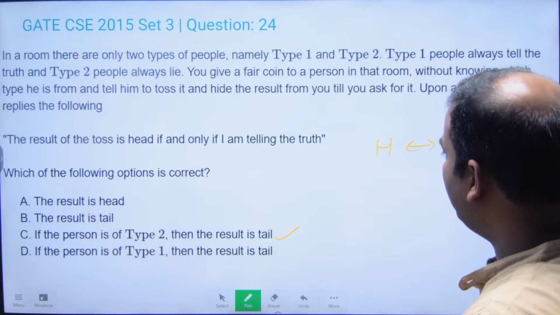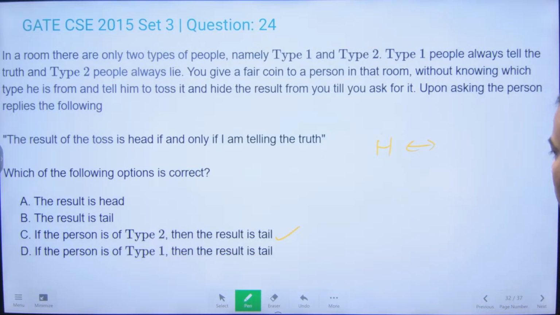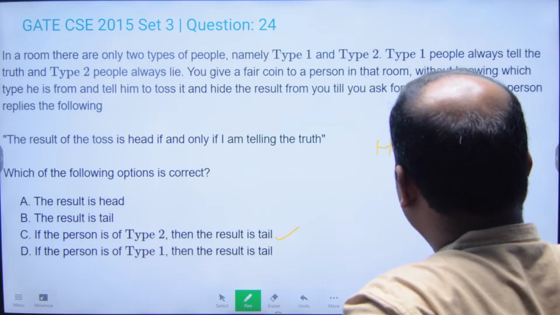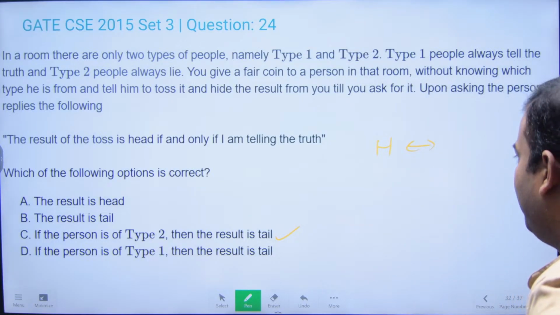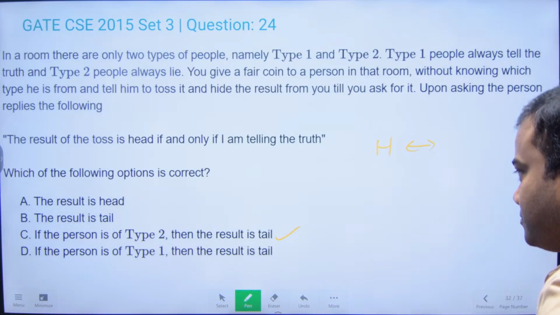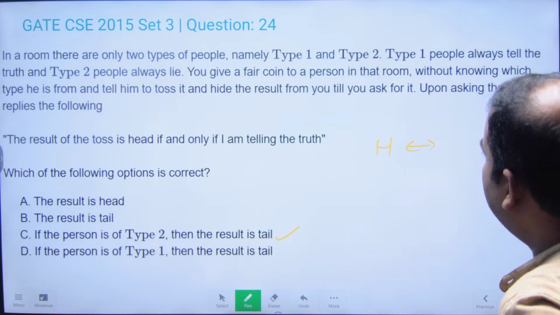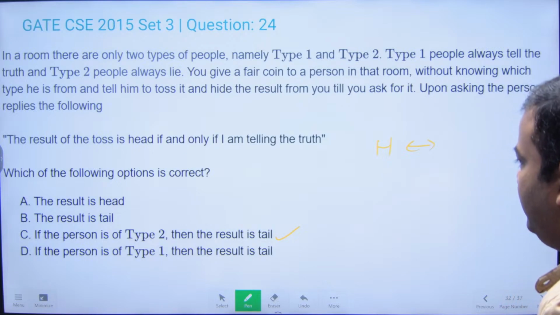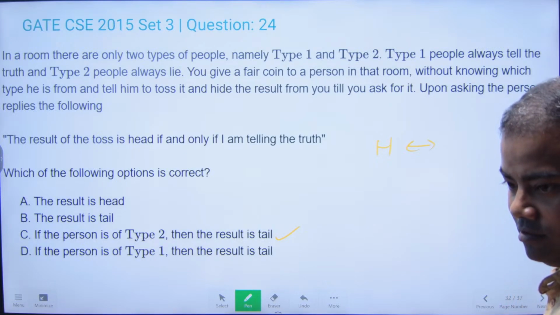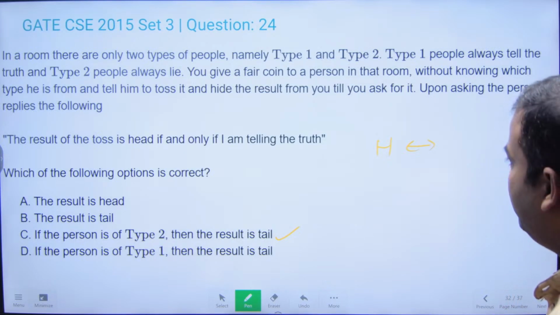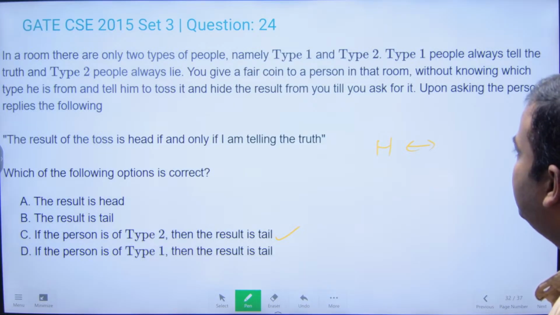Okay, so it is possibly head also. One minute, if the person is type 2, then it is tail, correct. If the person is type 1, then you cannot find. If the person is type 1, then what happened?